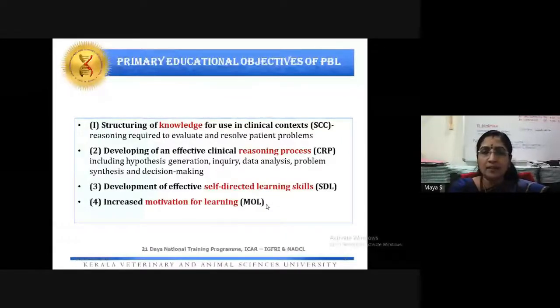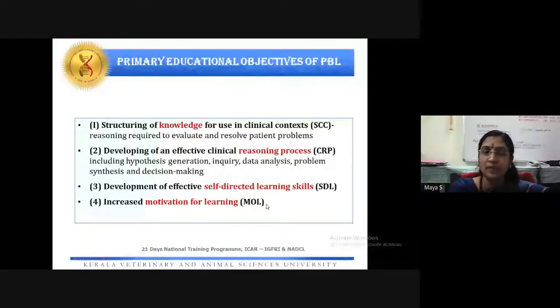Then development of self-directed learning skills. That is most important, because when we narrate or give a lecture, they are passive listeners. So instead of that, they are searching for the information or knowledge by themselves, and they are finding out how this topic is to be learned and what is to be learned.